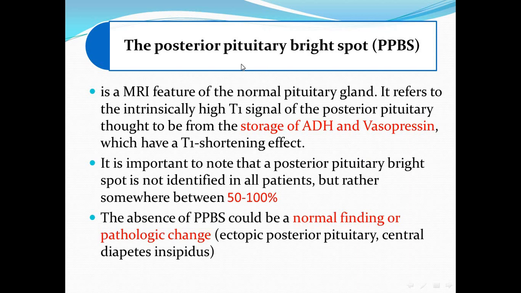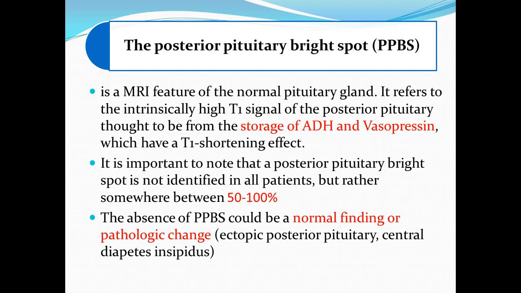But this posterior pituitary bright spot can be identified in 50 to 100% of the population. This is because there are some people who have ectopic posterior pituitary, which means that the posterior pituitary is located somewhere else, not in this area.